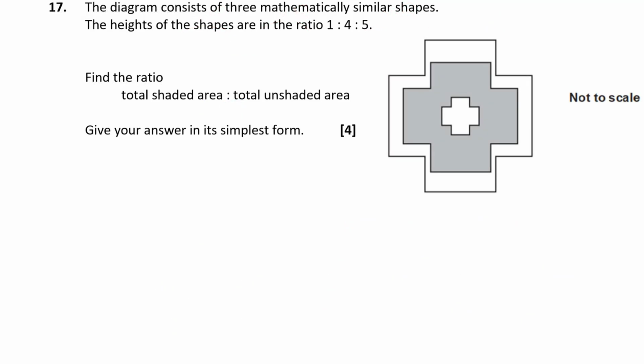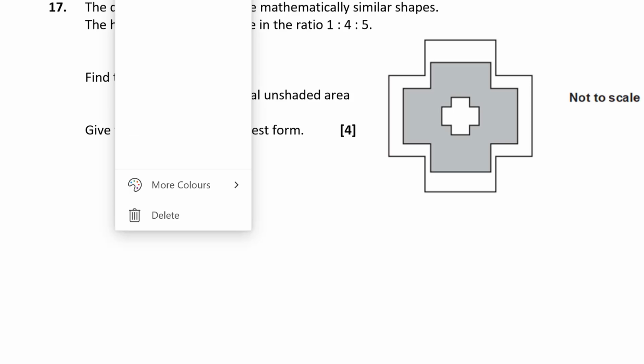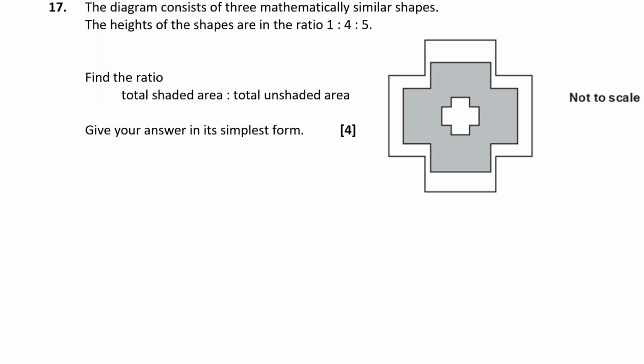Question 17. The diagram consists of 3 mathematically similar shapes. The heights of these shapes are in the ratio of 1 to 4 to 5. Find the ratio of the total shaded area to the total unshaded area, giving your answer in its simplest form. Okay, so first off, let's just think about the relationship between length and area.